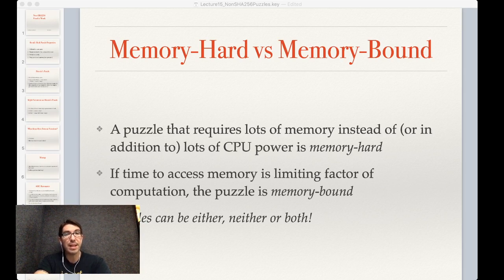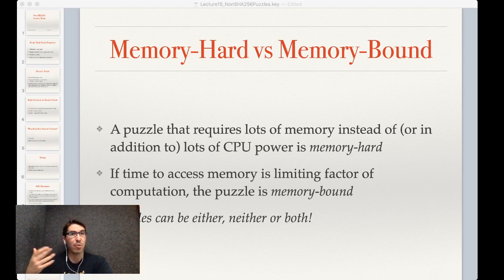That doesn't mean it's impossible to do. You can always just load what's around you, but there's still going to be a lot of memory access as you do this. So if the time to access memory is the limiting factor, that is, it's the bottleneck to computation, then the puzzle is memory bound. Accessing memory is really the aspect of the algorithm that limits the time.